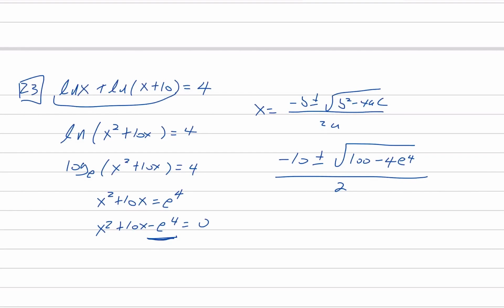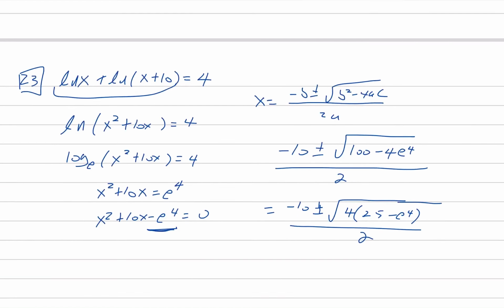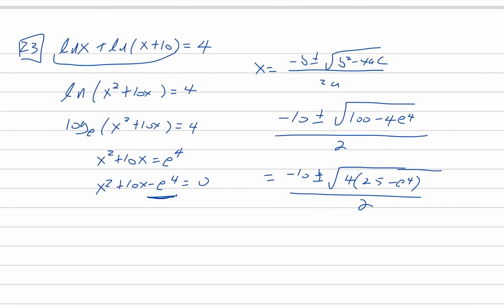Okay, so we can simplify furthermore here. So we can factor 4 inside the square root, and we'll see why we're doing this. So then here we can factor this 4 outside of square root. Since it's square root of 4, we can make it positive 2 outside like this.